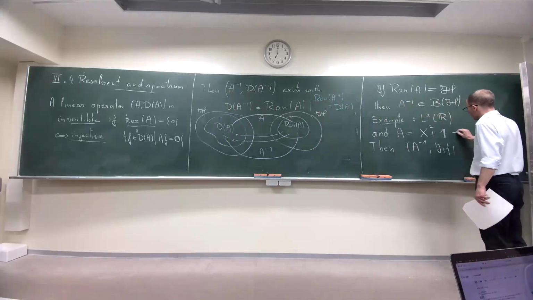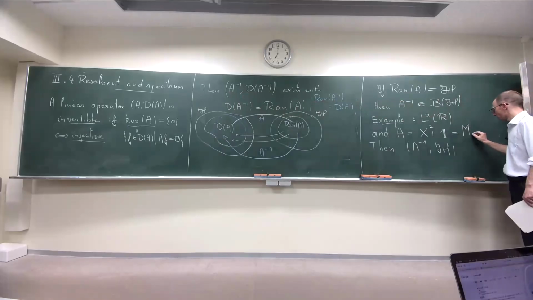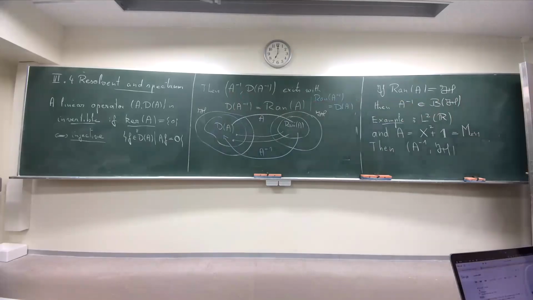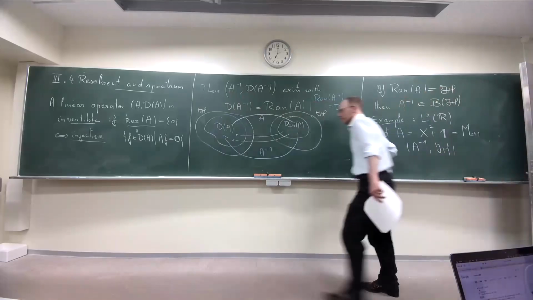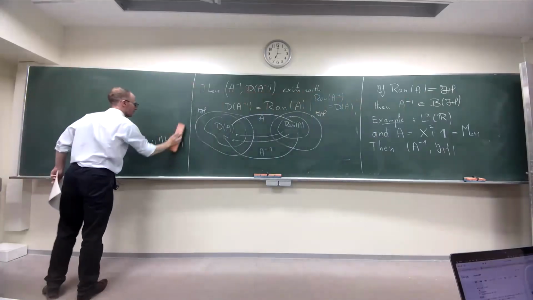I use two different notations. I also use M of the function X squared plus 1, multiplication by this function. So how it acts, maybe I should mention it again.